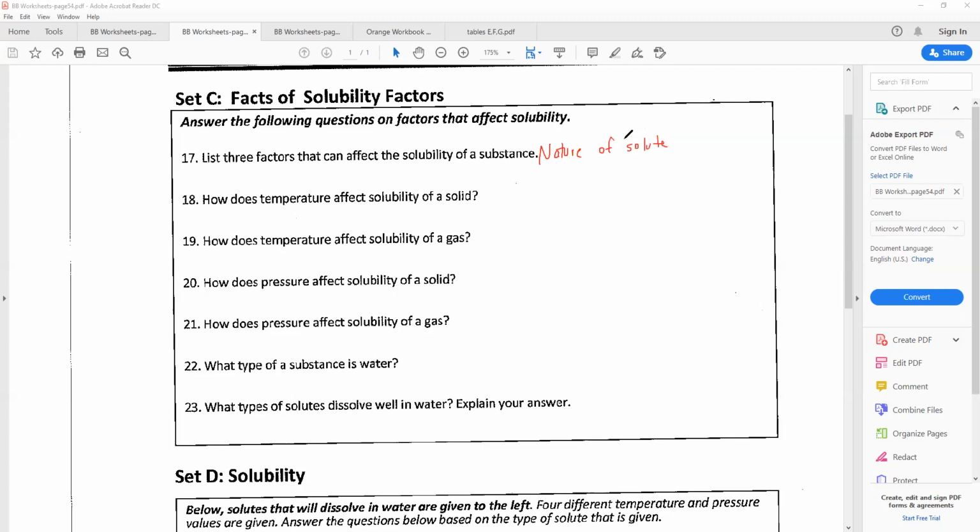Like dissolves like. They both have to be polar or they both have to be non-polar in order for them to dissolve. They have to have similar polarity. We have to have the temperature. The greater the temperature, the greater the solubility. That's true for solids, not for gases. And the final one is pressure, and pressure only affects gases.